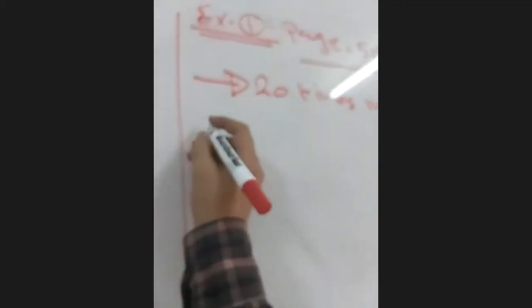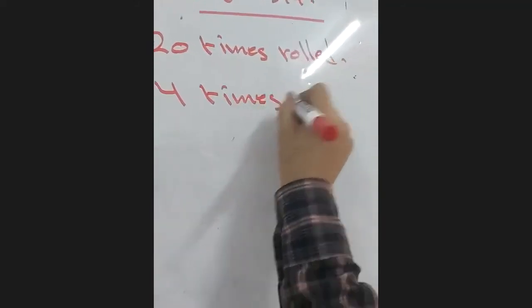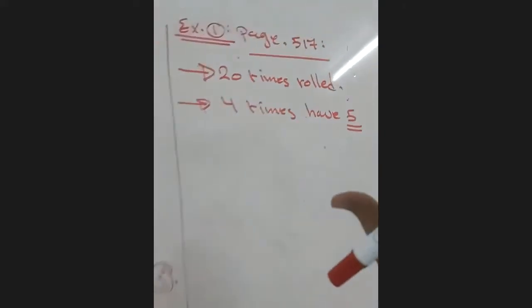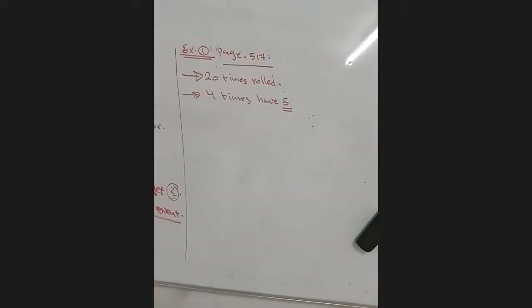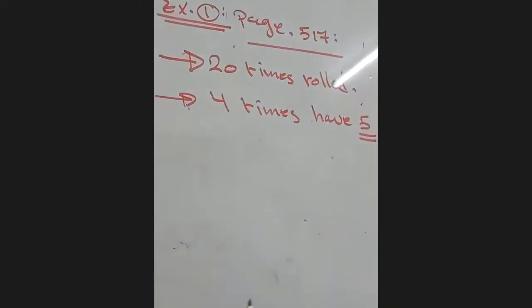The number 5 is rolled 4 times. How many times do we have 5? 4 times. So we have the total number of trials, 20 times.